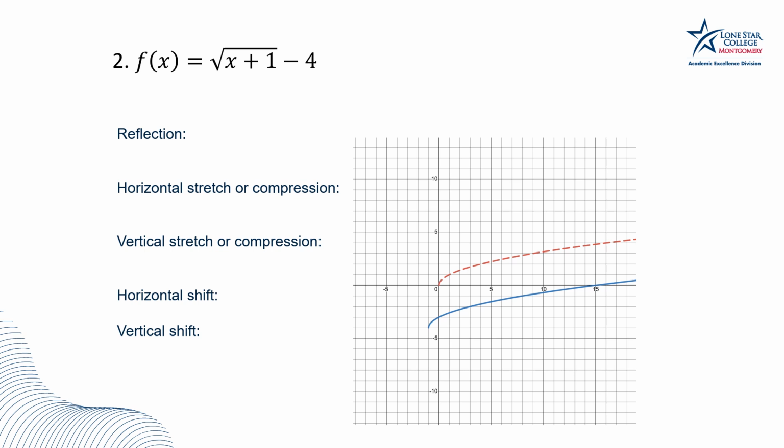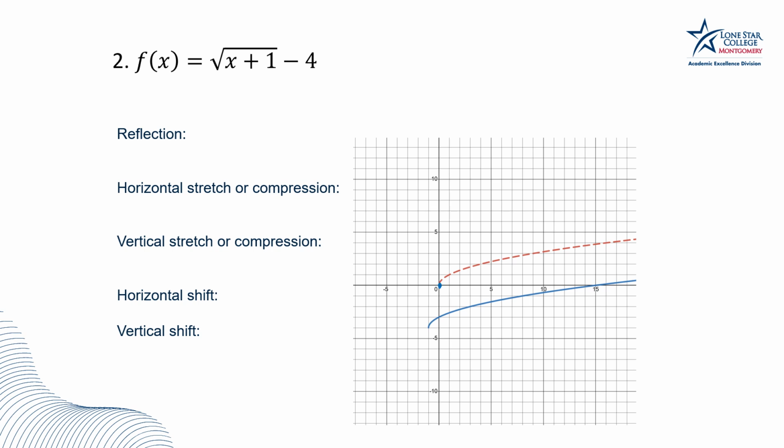For f of x equals square root of x plus 1 minus 4, there are 2 transformations going on: the plus 1 on the inside of the root and the minus 4 on the outside. On our parent function here, this is the starting point at 0, 0.